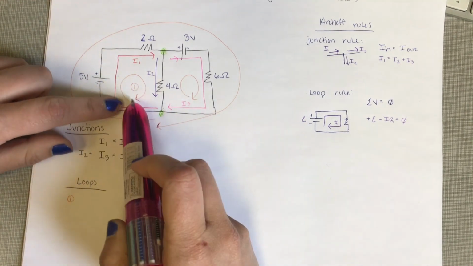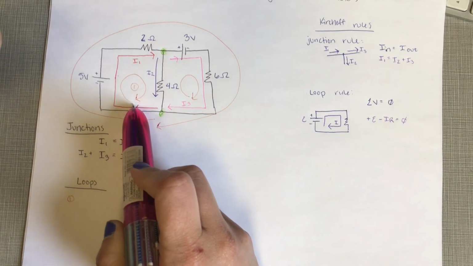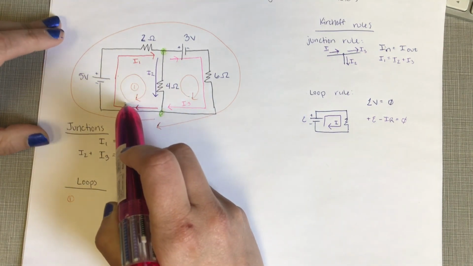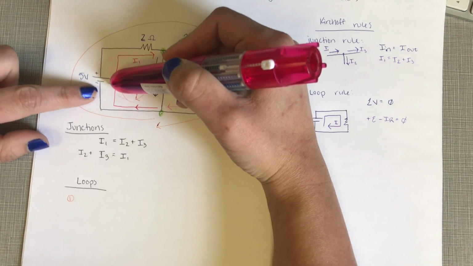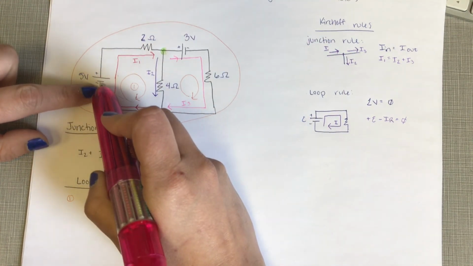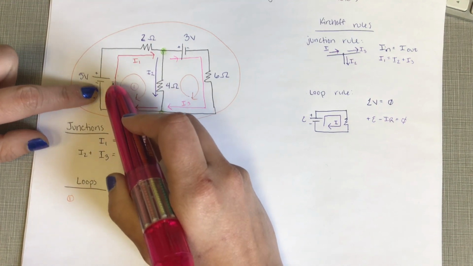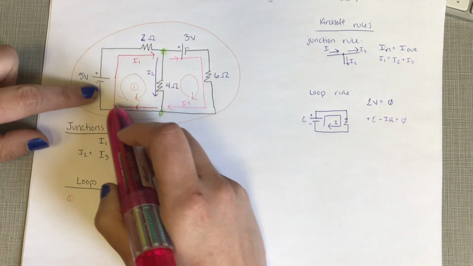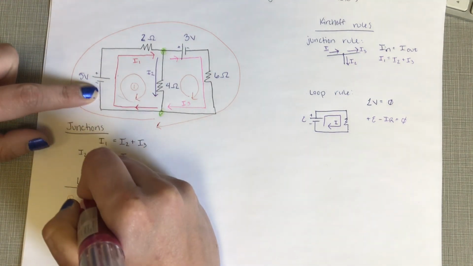So loop number 1, I'm going to start over here. Again, it doesn't matter what direction you actually go in. So I'm going to follow my loop. As I'm following my loop, my current is going through the battery from minus to plus, so I'm going to add that battery.